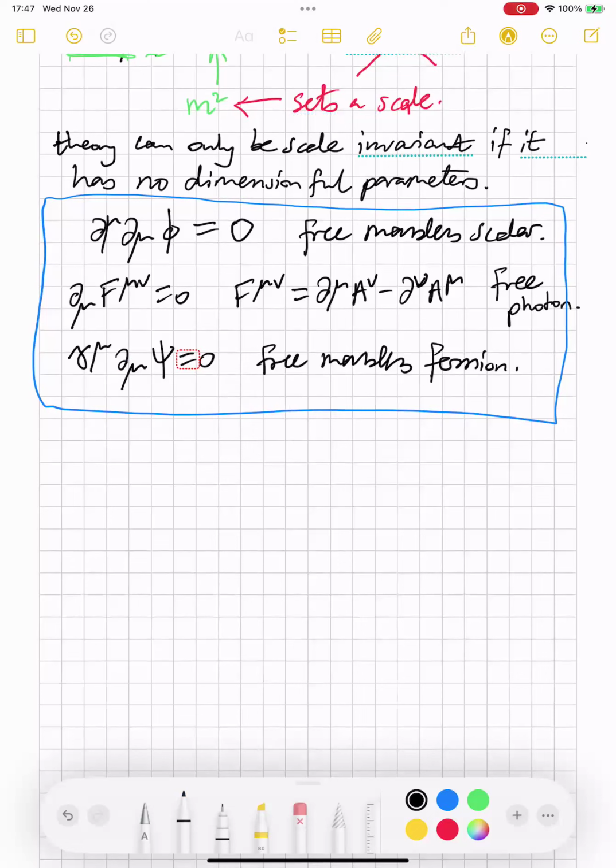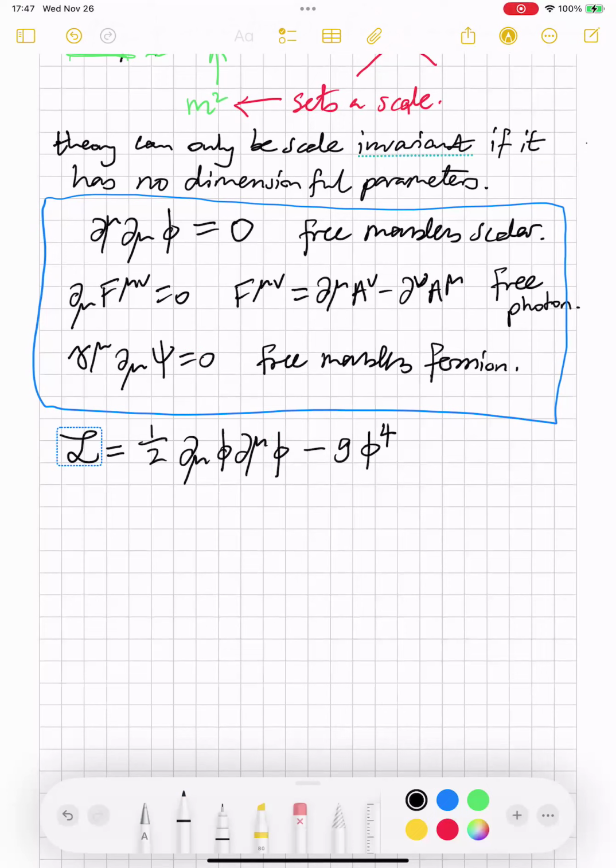So now let me give you an example of a theory which does look scale invariant, at least at the classical level. So let's specify this Lagrangian density. The Lagrangian density is 1/2 (∂_μ φ)², so the usual kinetic term, then minus g φ⁴.